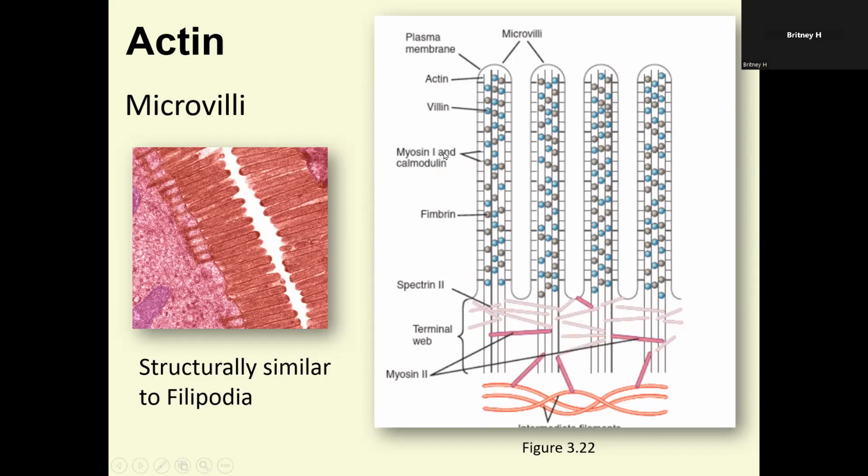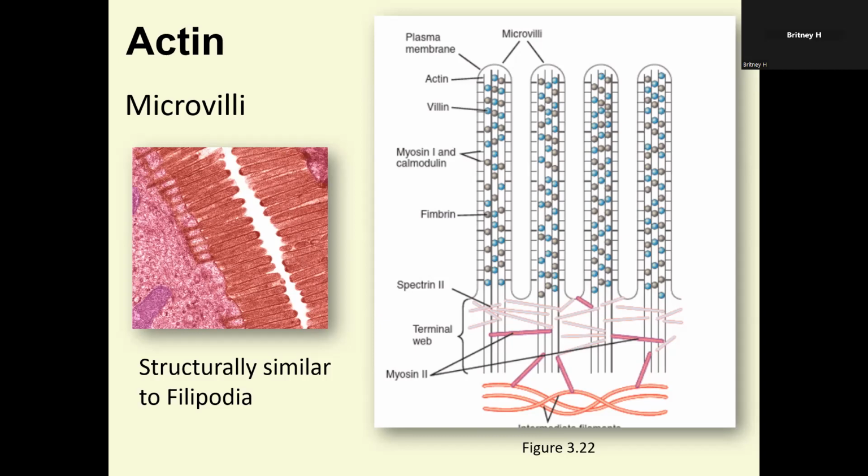And then we've got myosin 1 and calmodulin attaching it to the membrane. And that's kind of interesting. We often think of myosin as a motor that's going to walk along a microfilament and produce motion. In this case, it's just being used as a structural protein because it binds to actin. All myosin binds to actin, but the tail of it is going to bind to something else, and it becomes structural.